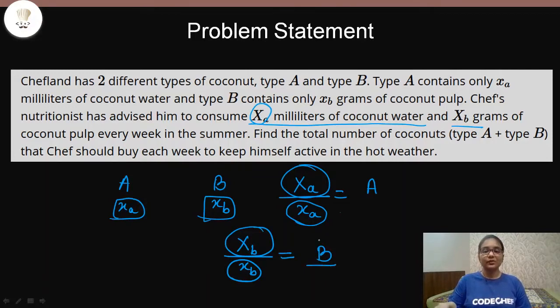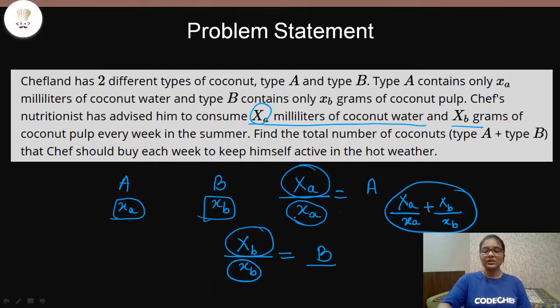Now if we add these two terms, that is capital XA divided by small xa plus capital XB divided by small xb, then we will get our answer, that will give us the total number of coconuts that are required by chef. So guys, this was a very easy problem.